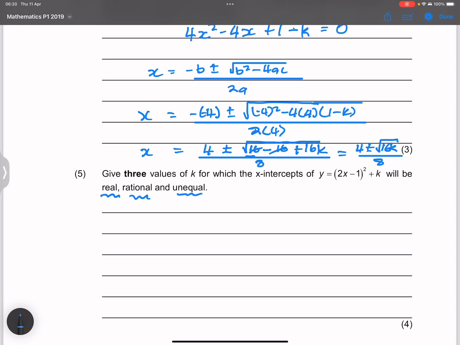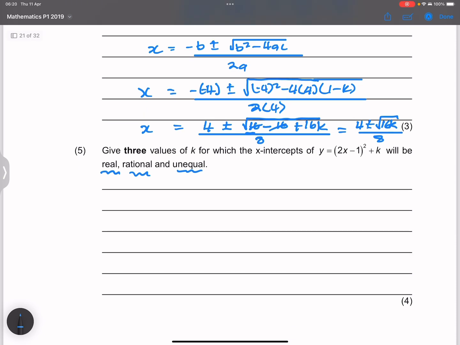We've taken that entire thing, which in this case we said y is equal to 4x squared minus 4x, plus 1 plus the k.